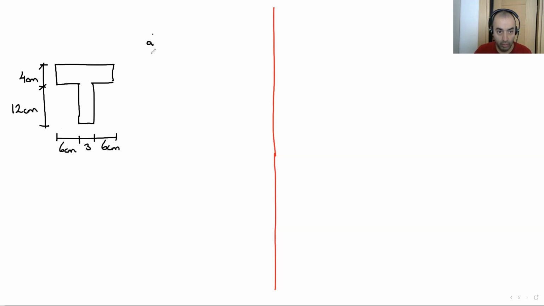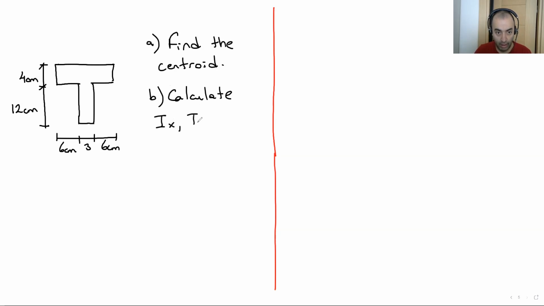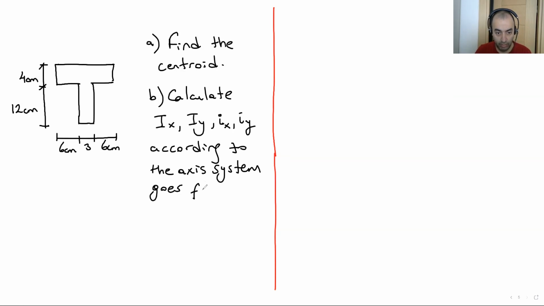Okay, the first question is A: find the centroid, and B is calculate Ix, Iy, with respect to the centered axis system.